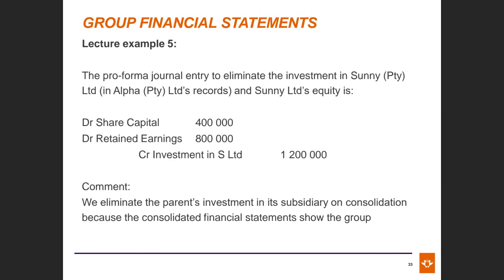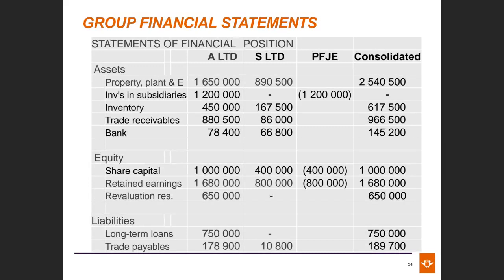Okay, now we can have a look at the consolidated statement of financial position. Remember, previously I showed you A Limited and S Limited. Now have a look at the consolidated column here. PPE in A Limited was 1.65 million.